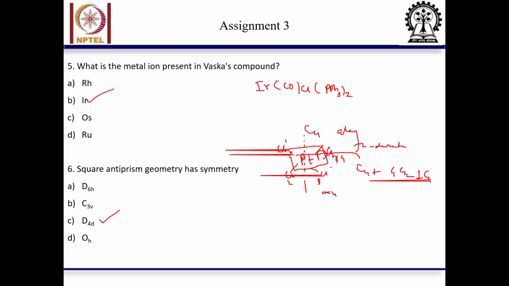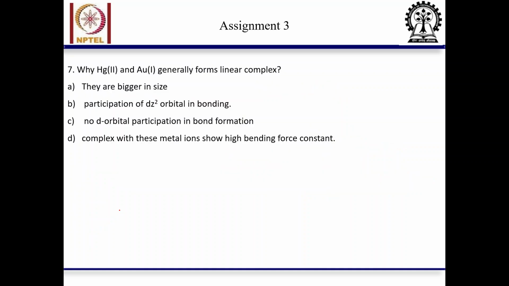Okay, now I will go to the next question. Why do Hg2+ and Au+ generally form linear complexes? There is OneDrive, and I will upload this on my YouTube. There you can find it.